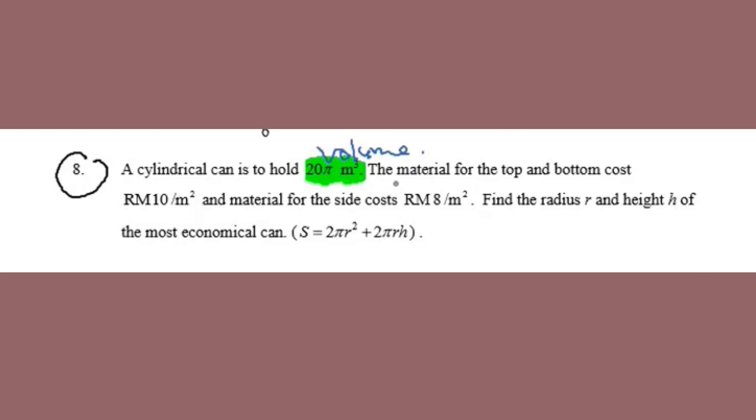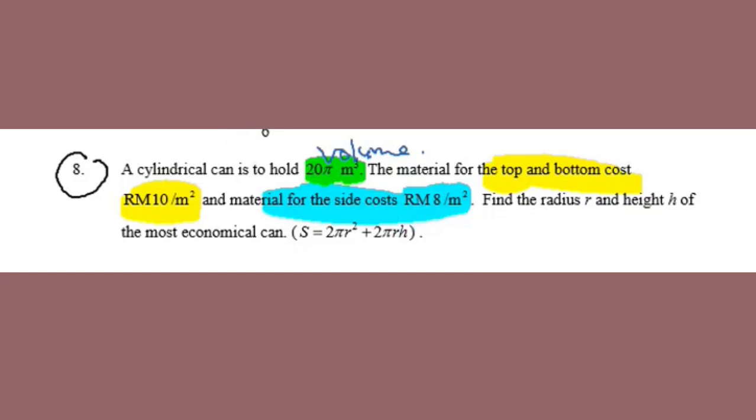Now the problem is the material of the top and bottom costs RM 10 per square meter, and the material for the side costs RM 8 per square meter, given the volume. The material is used to produce the cylinder.